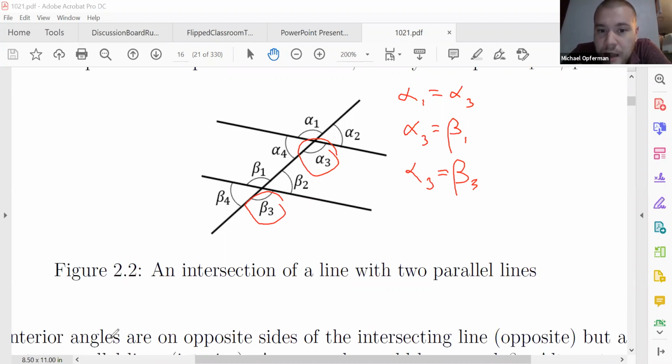Because since the two lines are parallel, this is really just the same intersection. Like if you were to take a pair of scissors and cut this picture here and just move one on top of the other one and overlay them, they would be identical. So beta 3 equals alpha 3, beta 1 equals alpha 1, beta 2 equals alpha 2, beta 4 equals alpha 4, because it's the same 4 angles actually. So that's corresponding angles.